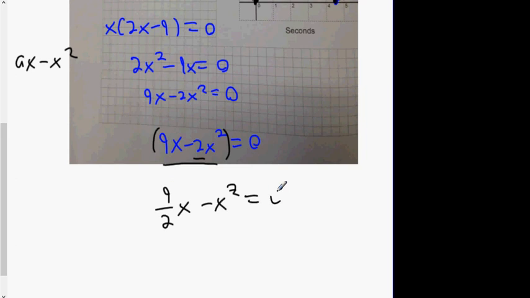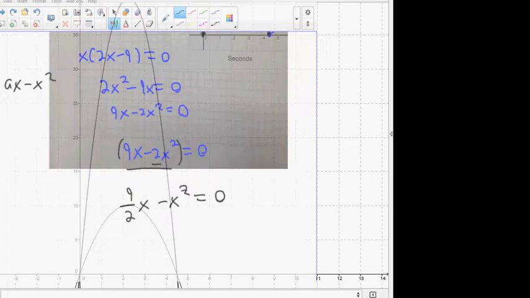Does this equation, once again, go through 0 and 4.5? I multiplied it by a number. I multiplied it by a half. So let's see if it does. So I said y equals 9 over 2x minus x squared. Once again, it goes through the same 2 points. Can you see that? But it's a lot shorter.